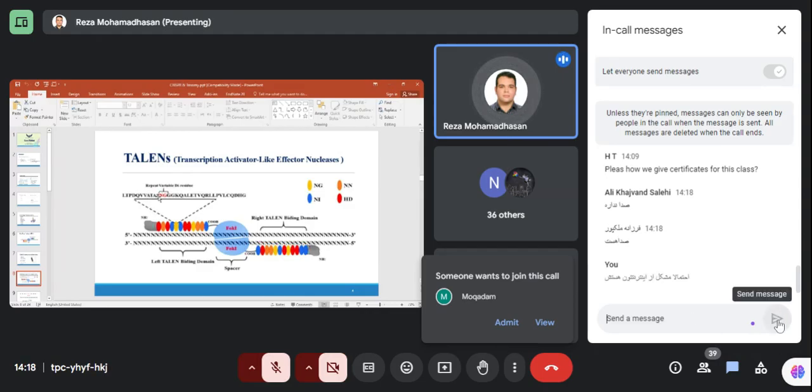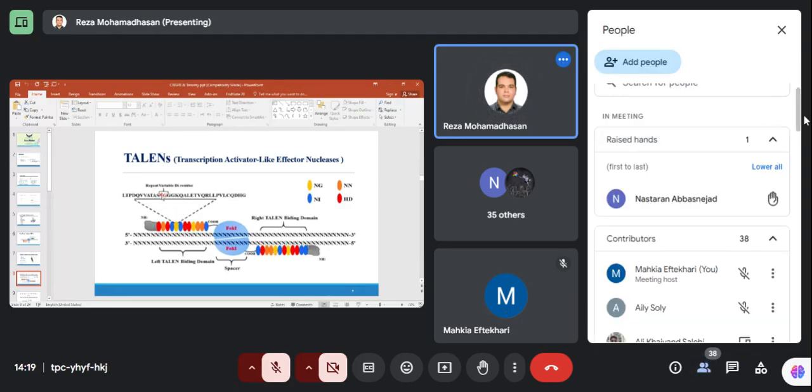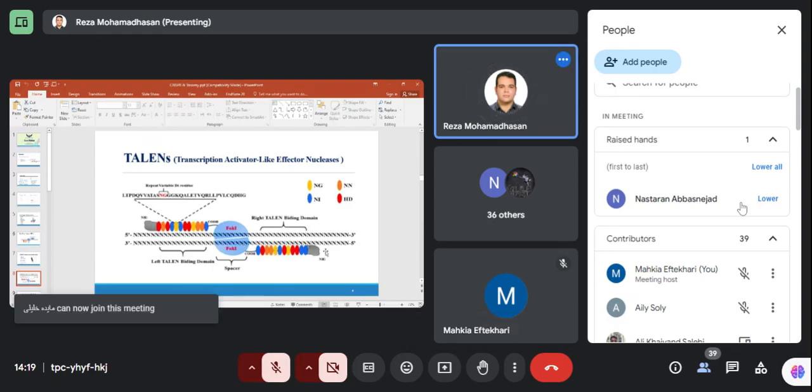This is the RVD, or repeat variable diresidue, that you can find here.